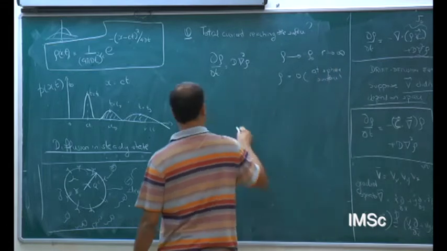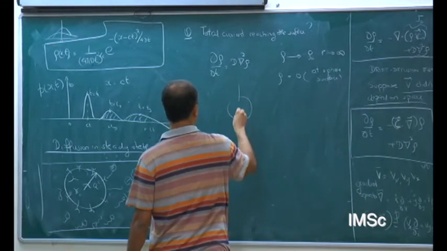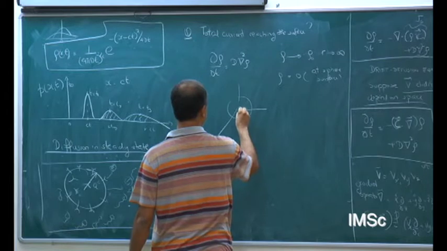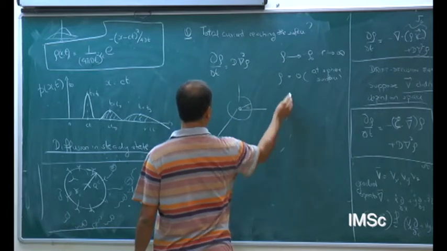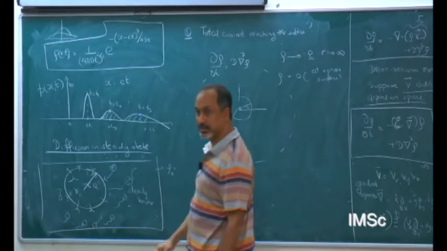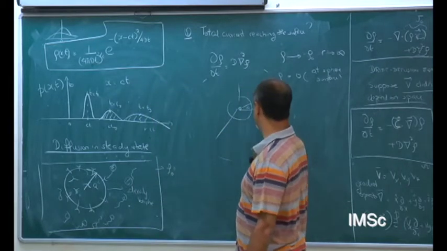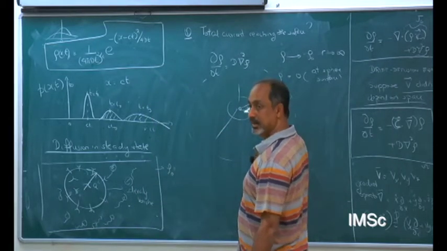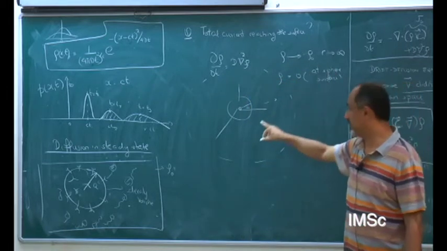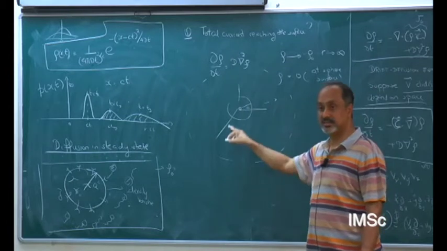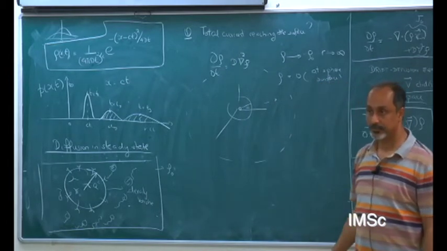What I mean is I want to take a coordinate system in which the sphere is centered at 0. This distance is r, and infinity corresponds to r going to infinity. I am solving the diffusion equation for any point r here. As I send r to infinity, the density must be a constant. If I send r to the surface or anywhere inside the surface, the density is 0.